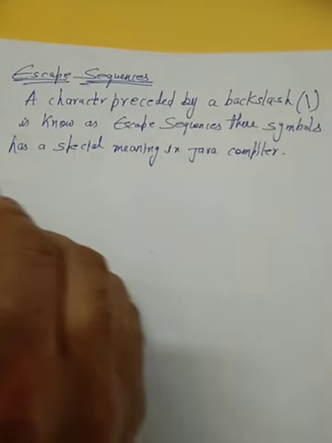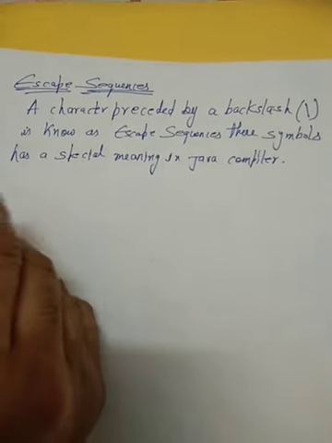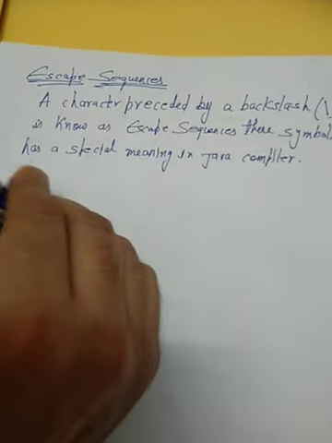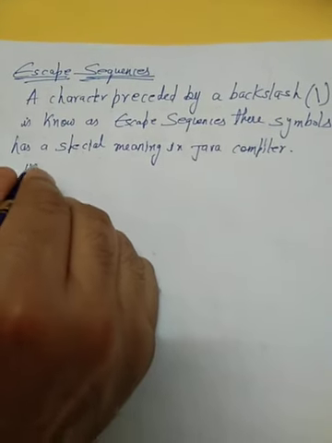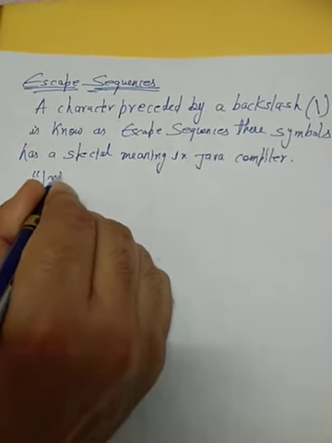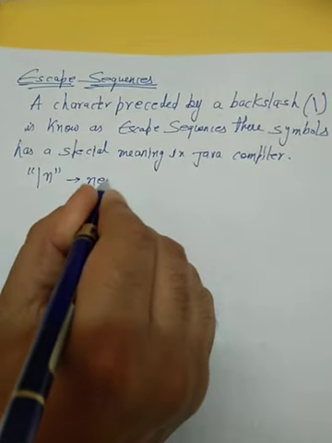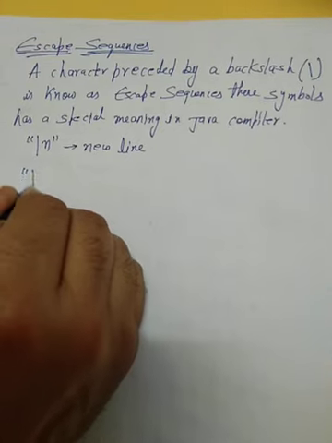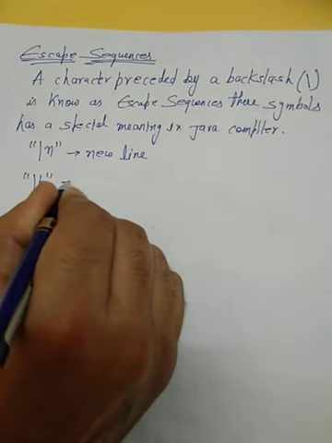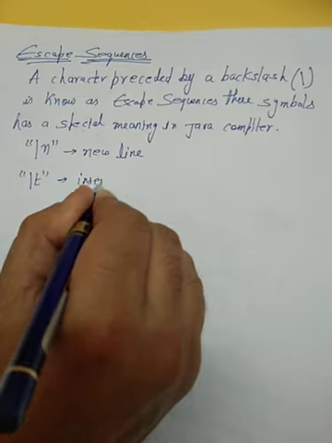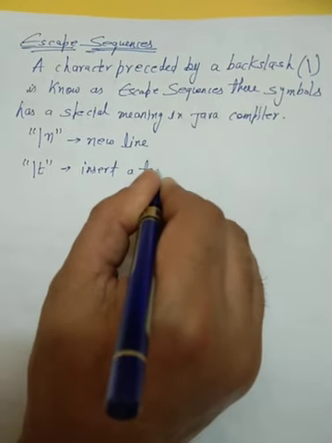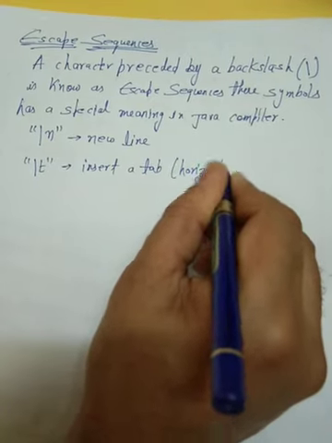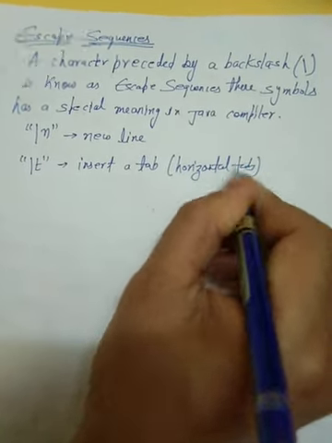Now the escape sequence will always be enclosed in double quotes. First we will discuss the main ones which we are using in programming. We have backslash n, and this is used for new line. Then if you want to insert a tab, this is for horizontal tab.